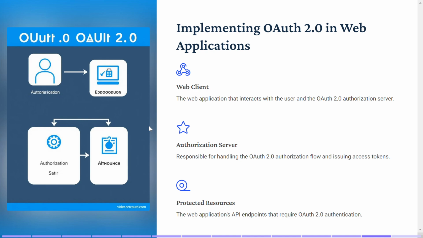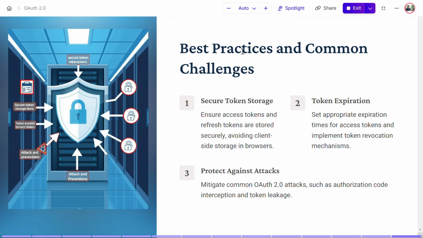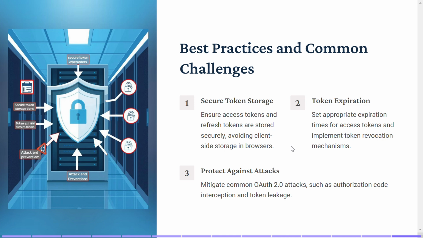The main thing they are focusing on here is that we can access client to server or server to server authorization. This is what is described in this ppt. Okay, these are all the challenges which we are going to face while we work on OAuth 2.0 security.